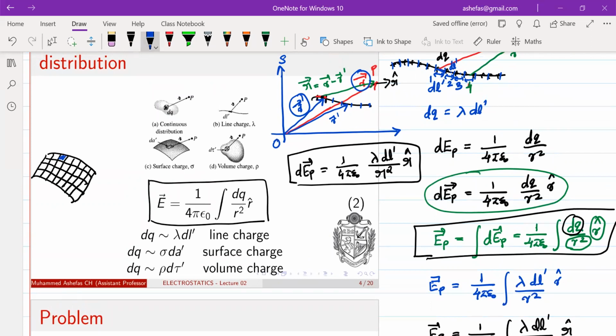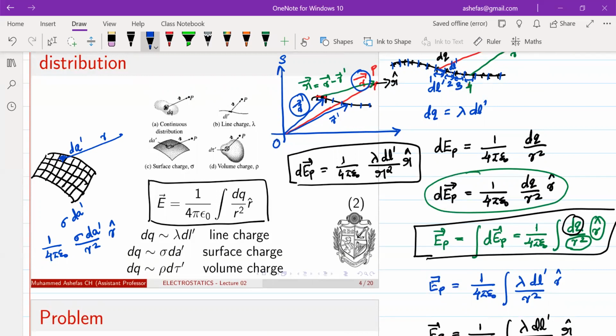A small area can be denoted by the symbol dA prime, and the amount of charge on this small area would be sigma dA prime. Therefore the electric field produced by this small charge at some distance r would be 1 by 4 pi epsilon 0 sigma dA prime by r square r cap.